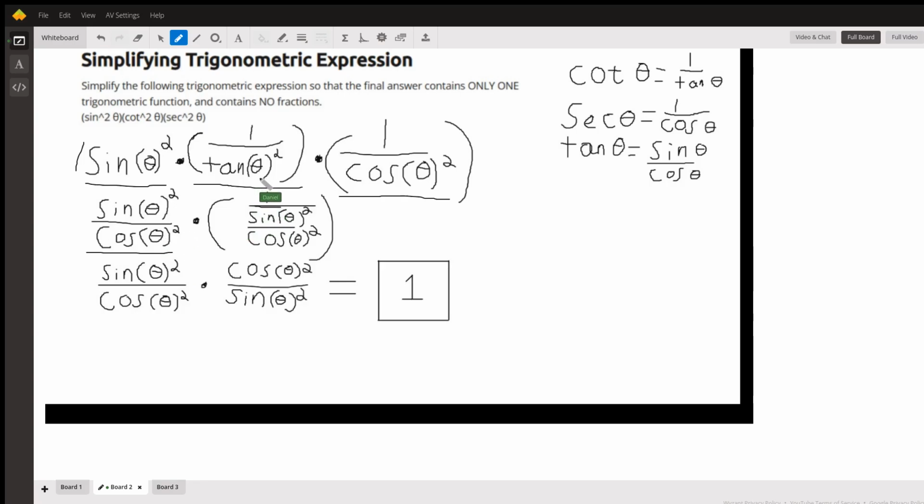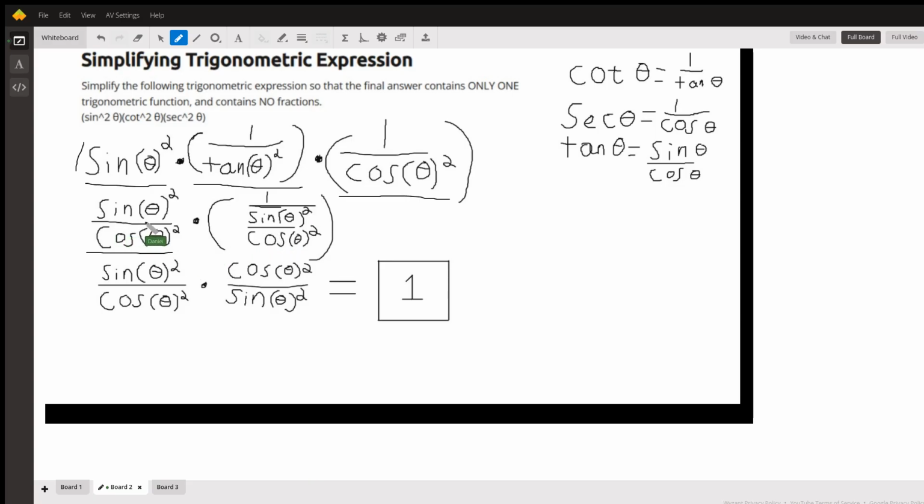And the next step, this is where we can break it down. 1 over tangent squared would simplify into 1 divided by sine squared divided by cosine squared. And what we can do is just keep change flip. We keep the top and we change the bottom, which would be sine squared over cosine squared.